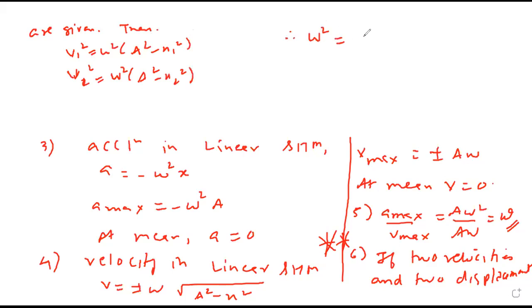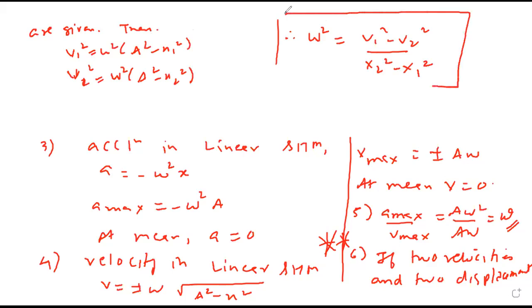Therefore, omega square will be v1 square minus v2 square upon x2 square minus x1 square. So they can give two velocities and two displacements, and you always get omega square. From that you can find time period and frequency. Or if they want amplitude, use the first or second equation. Now copy these four formulas.